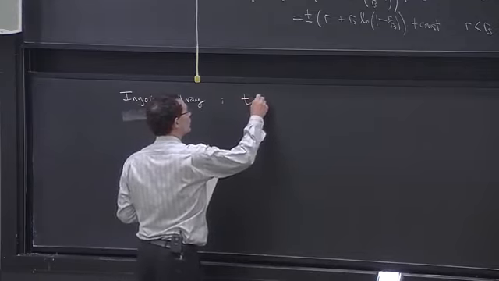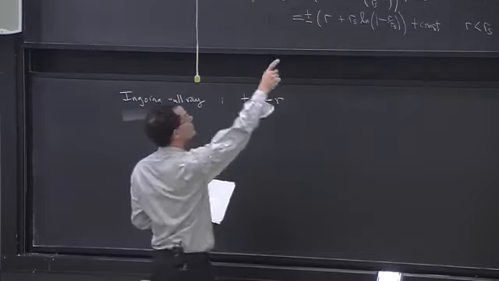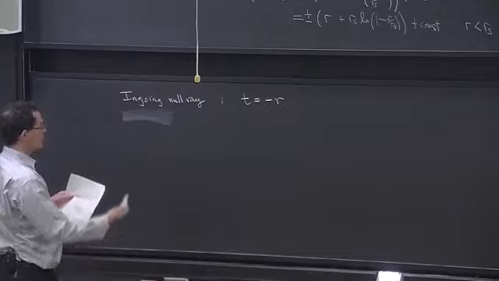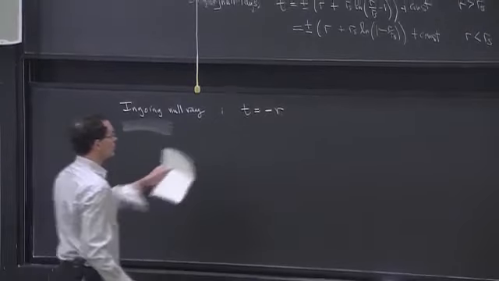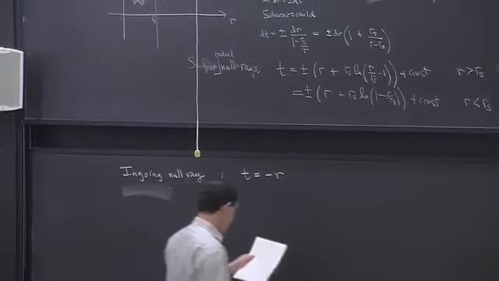And so for that one, we should have t as minus r. Got to pick the minus sign in the first line because as time advances in the positive direction, the radius has to decrease. The radius decreases.